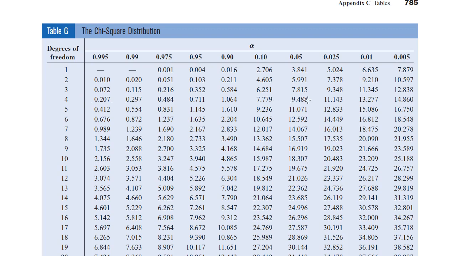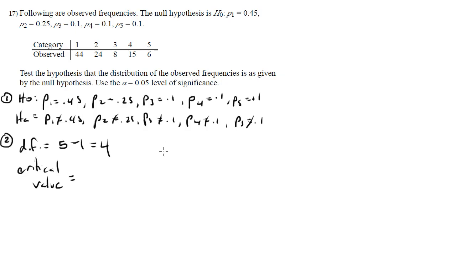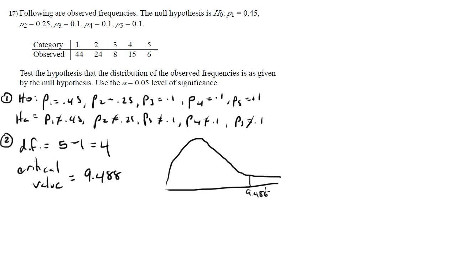It's 9.488 again. So this critical value is 9.488. There's my critical region. When I calculate the chi-squared test value in this next step, if that value is greater than 9.488, reject the null hypothesis.